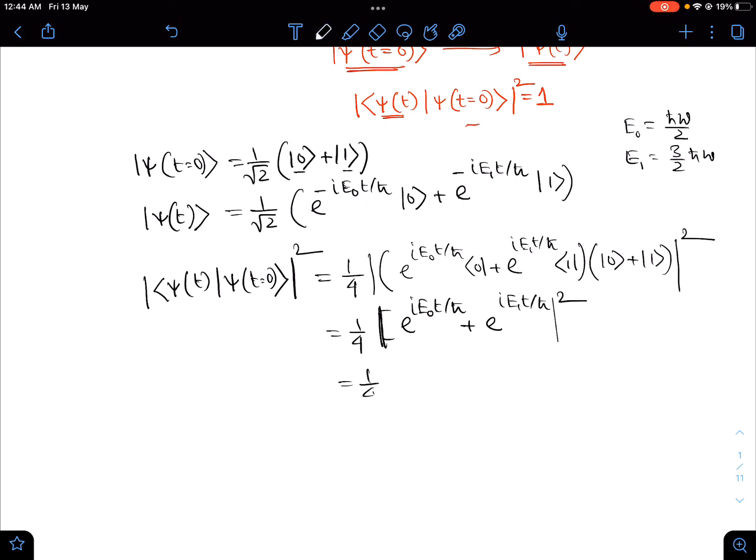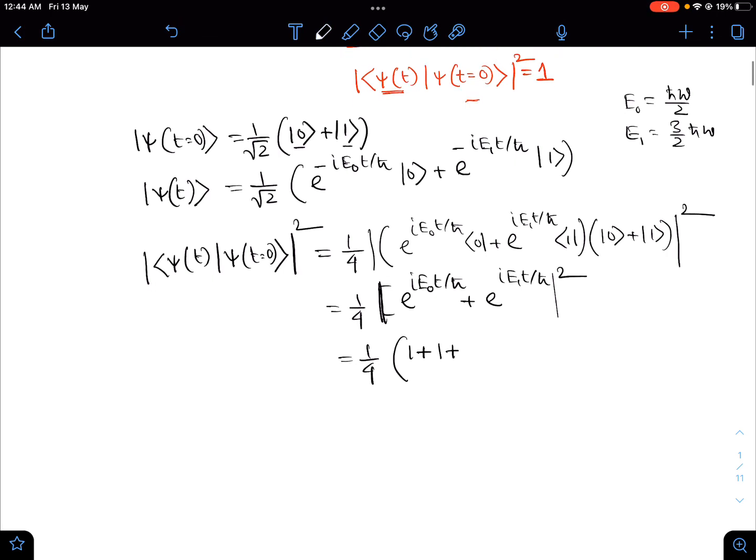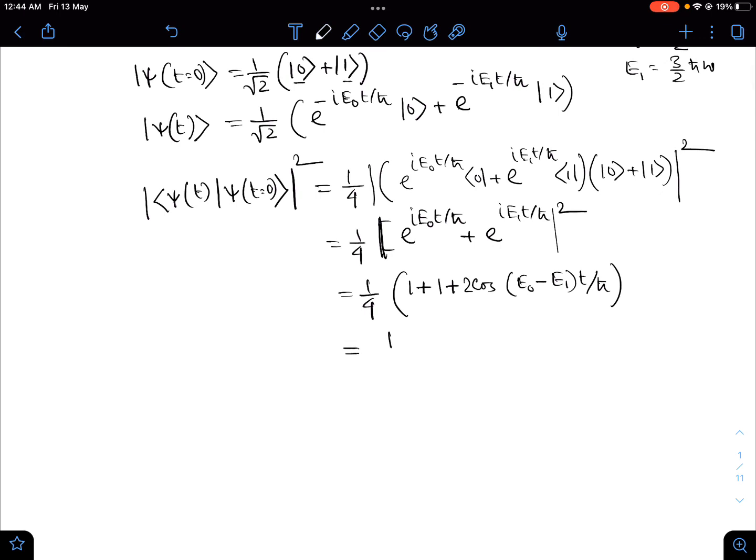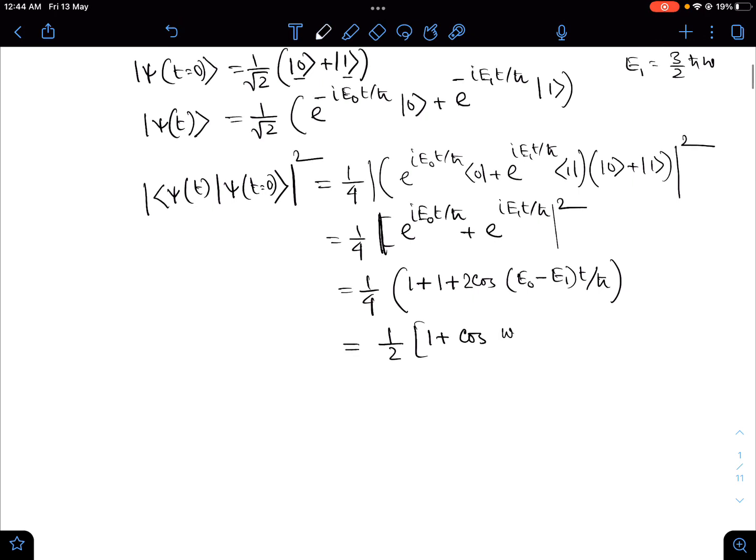Evaluate this expression. We have done a similar problem previously, so I am just writing the value; you can go back to the video and watch it. It will be 2 cosine of E0 minus E1 times t by h cut. So it will be half of 1 plus cosine, and E0 minus E1 difference is h cut omega, so h cut will cancel out. So we have just omega t.